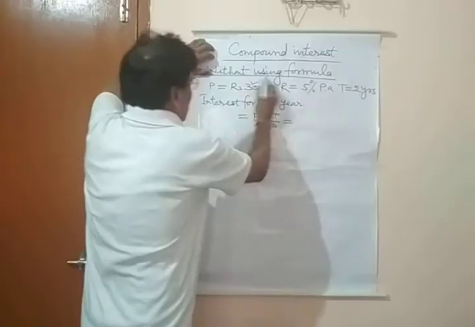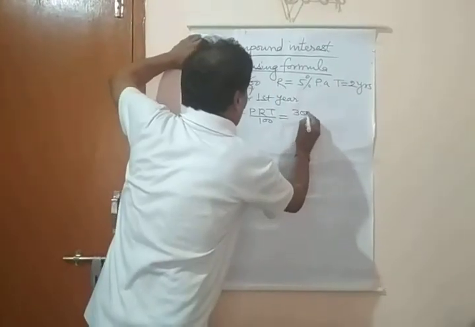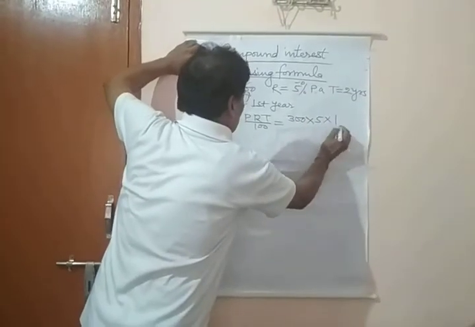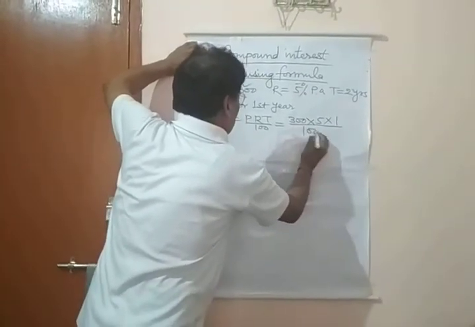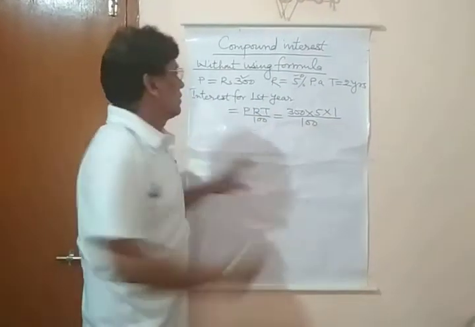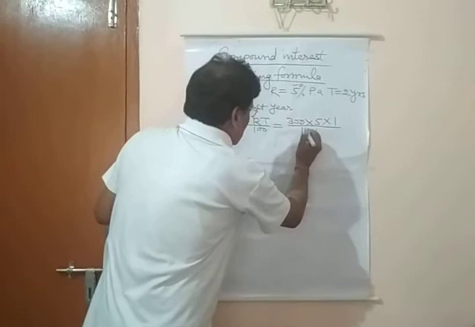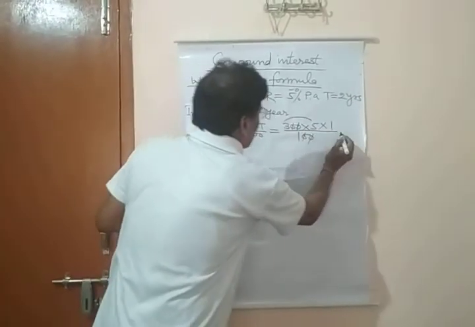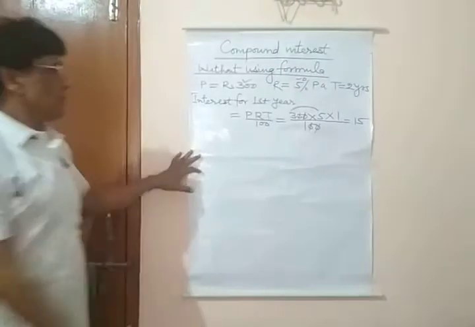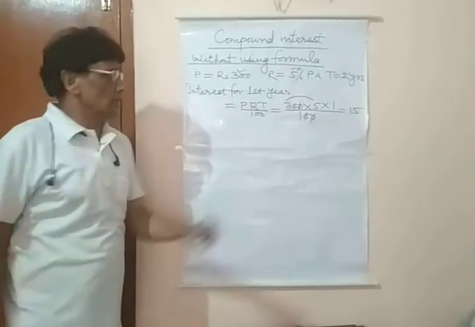P is 300 into R is 5 into T is 1, for first year you will write T is equal to 1. Now simplify that. 5 3s are 15. So 15 rupees. This is interest for first year.